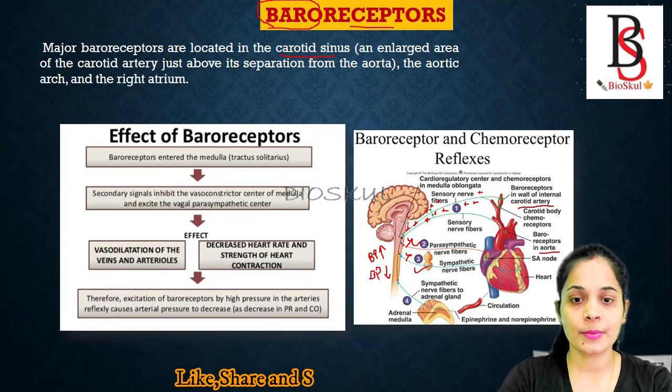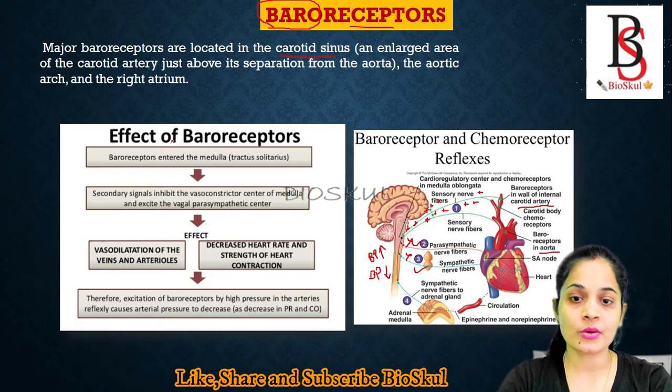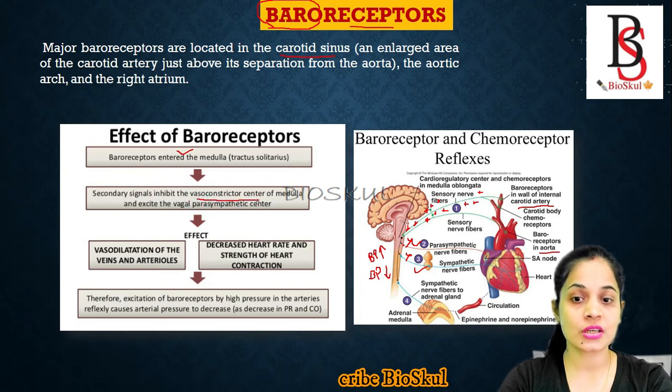Okay, effect of blood pressure: this flowchart represents when the blood pressure level is high. The baroreceptor signal enters the medulla, then the secondary signal inhibits the vasoconstrictor center of the medulla and excites the parasympathetic nervous system.